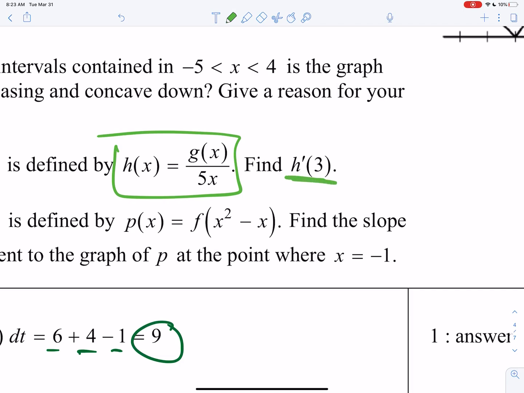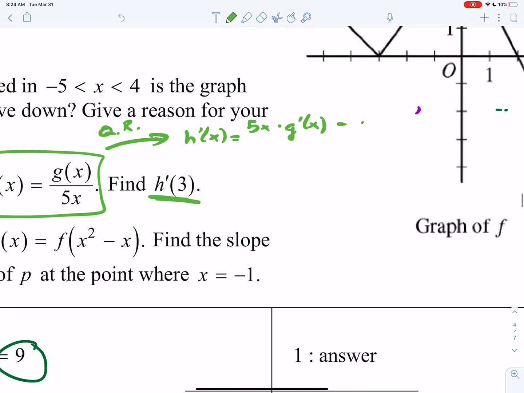They want us to find the derivative at 3. So here, this is going to require the quotient rule, which is the bottom times derivative of the top minus the top times derivative of the bottom, which is just 5, all over bottom squared.